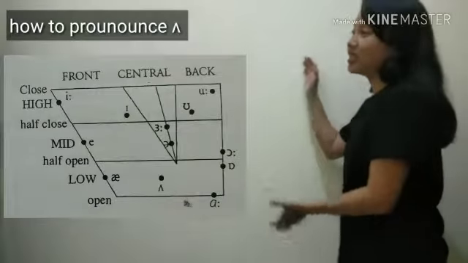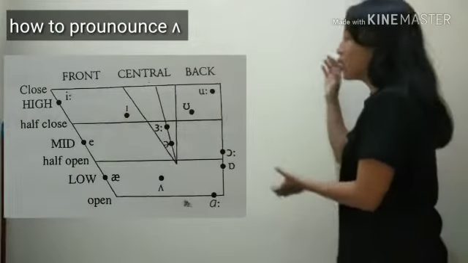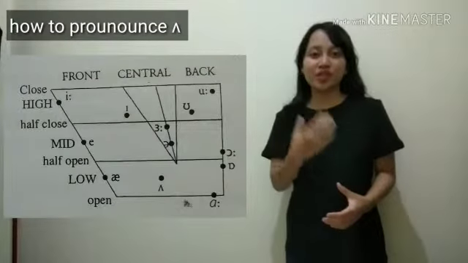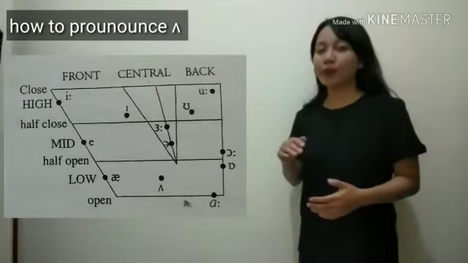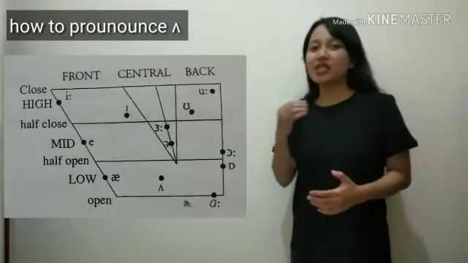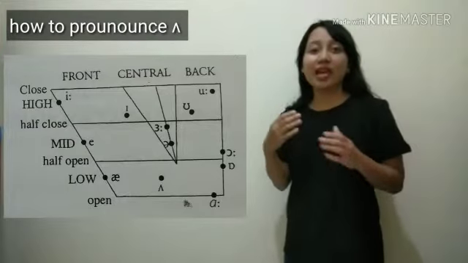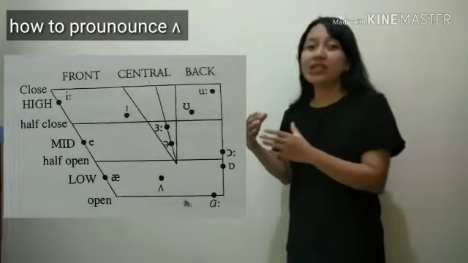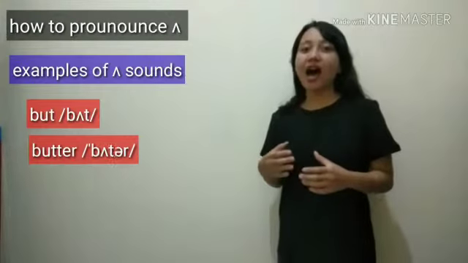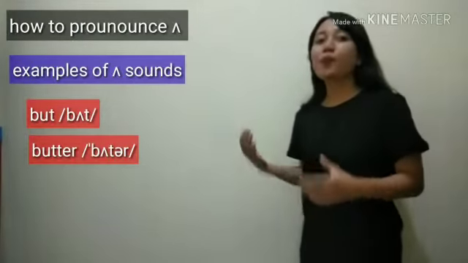Just take a look at this picture. When you want to pronounce this sound, the tongue position is low and the sound should be in the center of your oral cavity. Examples of the sound are 'a' and 'butter'.